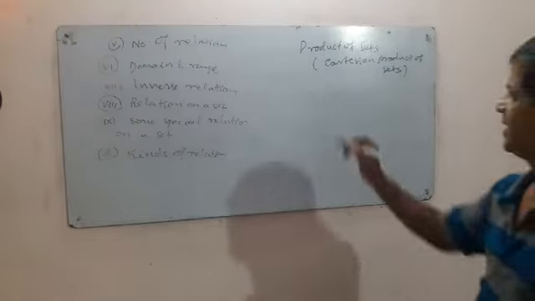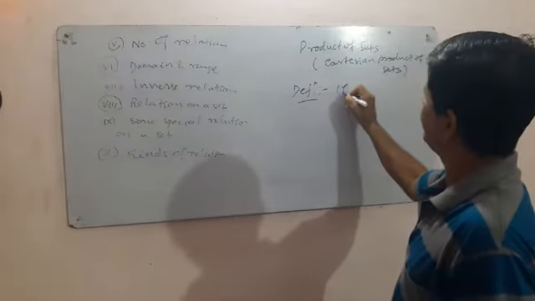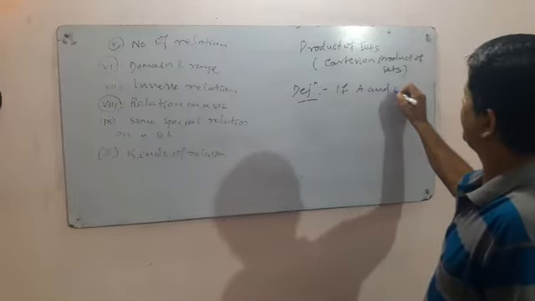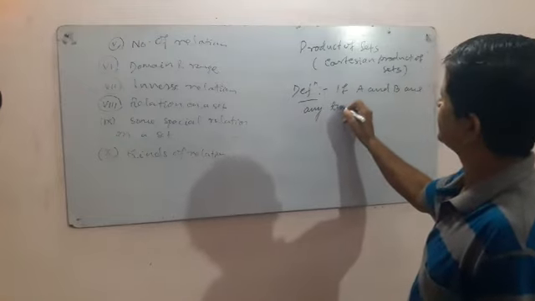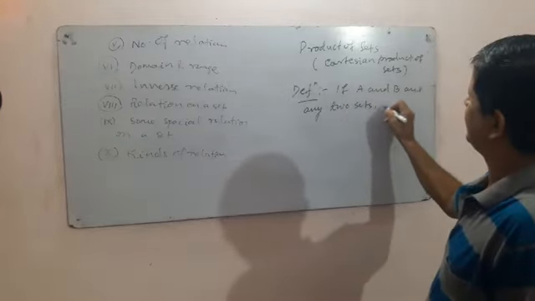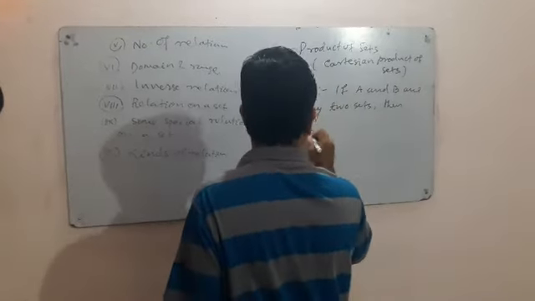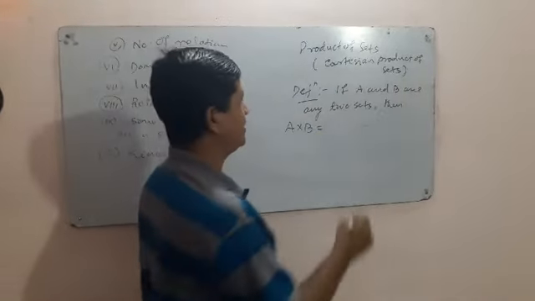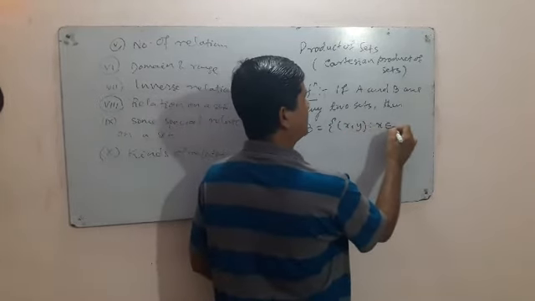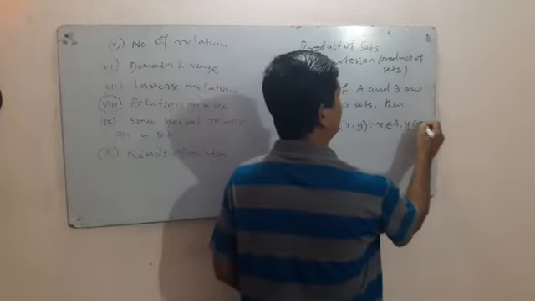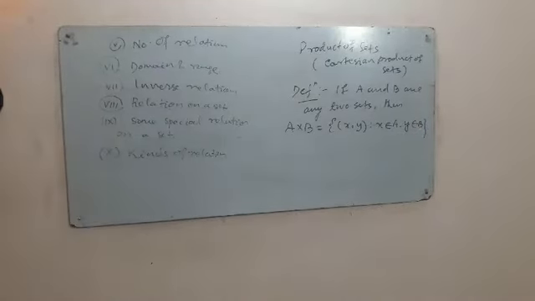If A and B are any two sets, then A cross B, the product of two sets A and B, equals the set of (x, y) such that x belongs to A, y belongs to B.